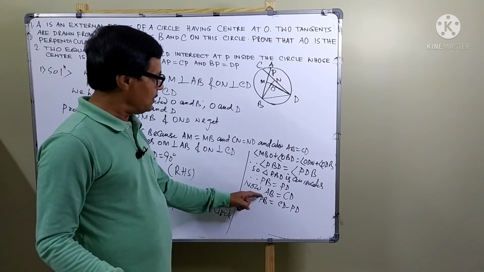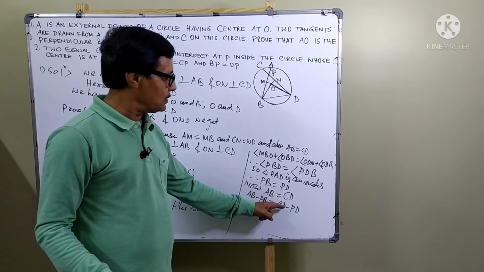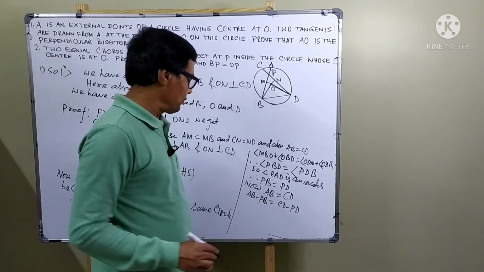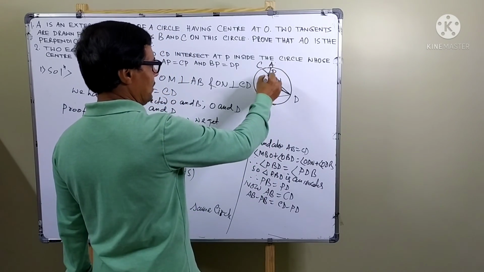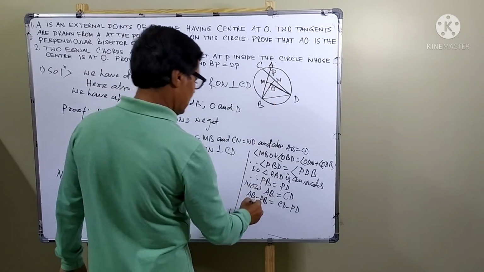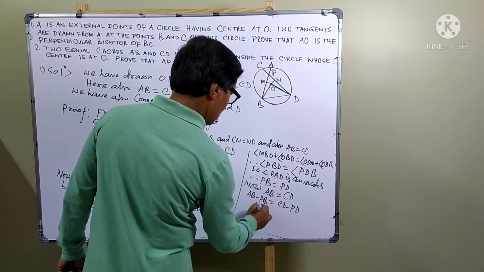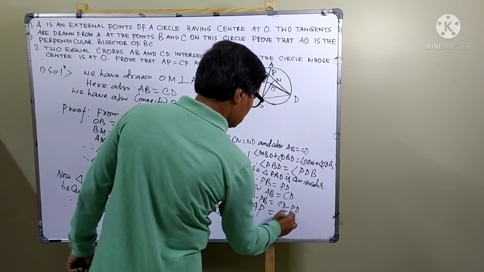Also, AB minus PB is AP, and CD minus PD is CP.